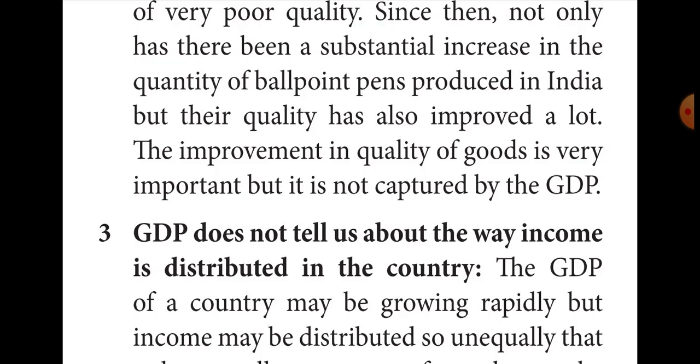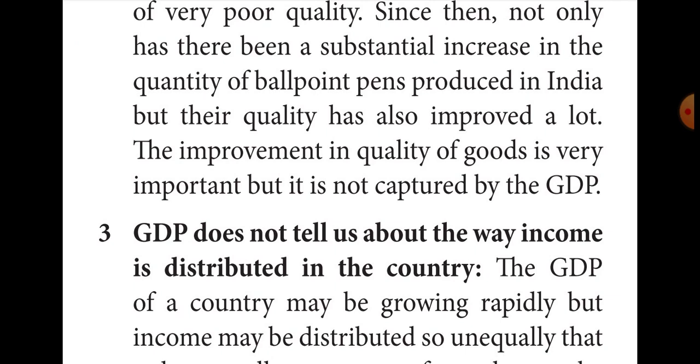For example, the GDP of a country may be growing rapidly, but income may be distributed unequally, so that only a small percentage of people get benefited through this distribution of income in one country. It is one of the main problems.